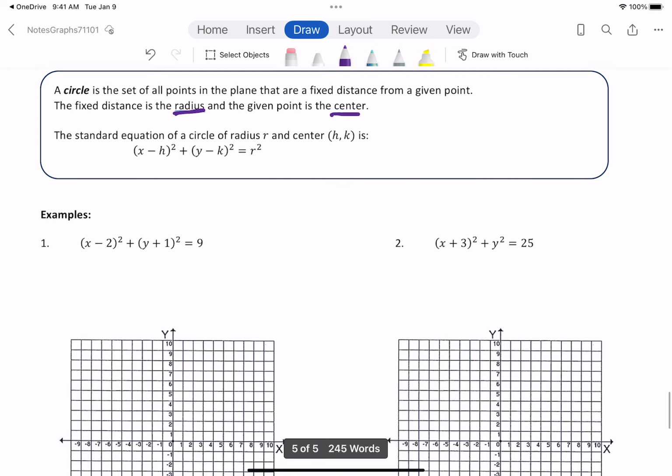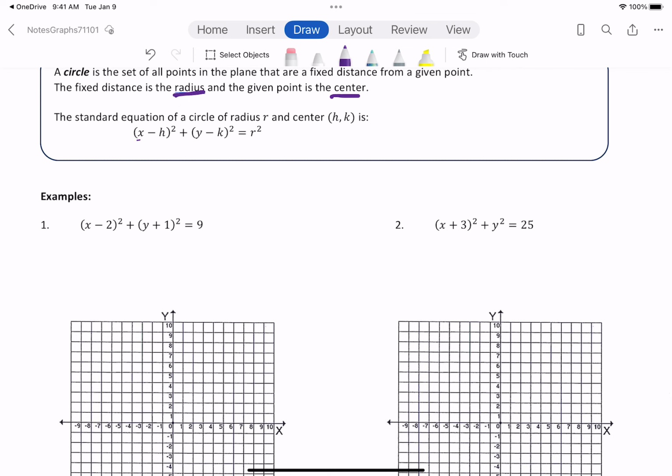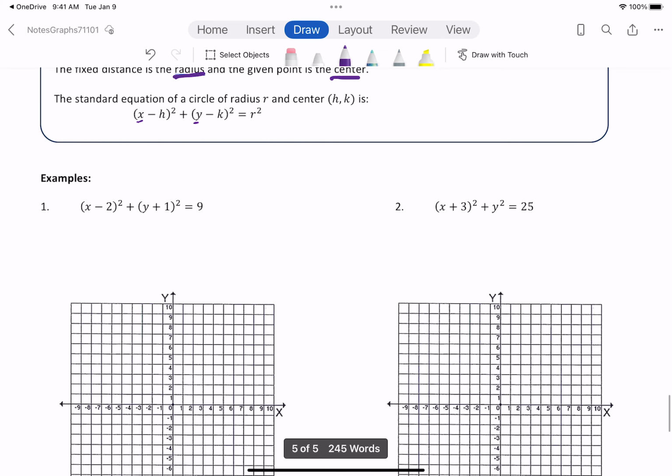So if you look at the first example, you notice from that standard equation, the x and the y are the only variables, right? So what we need in order to graph the circle is the center and the radius. And the center is going to come from these two expressions here.